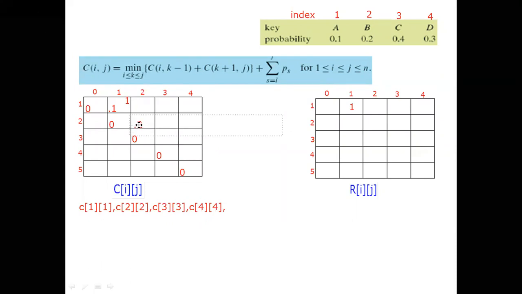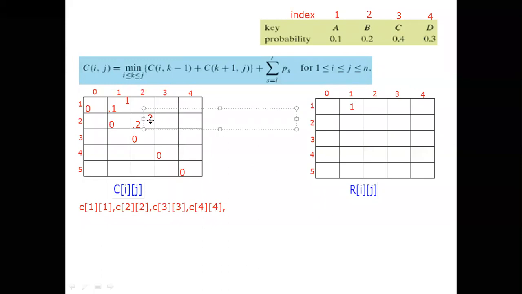The superscript is the index I got, not the key. It is 2. I hope it's clear.